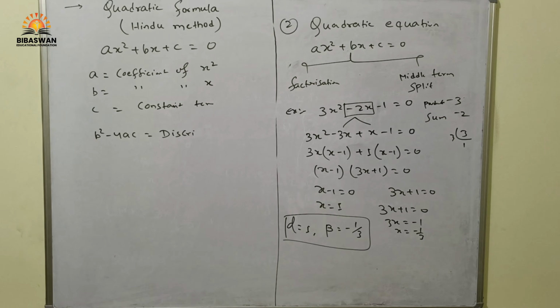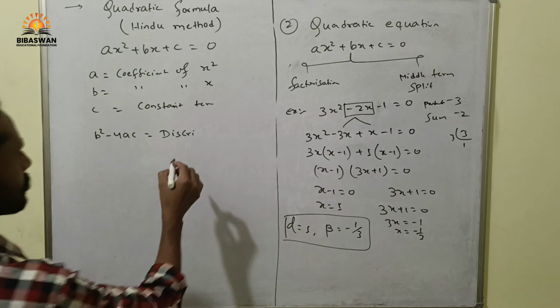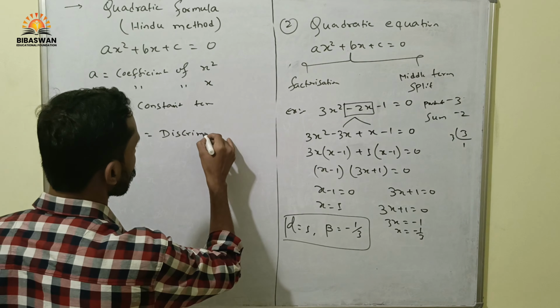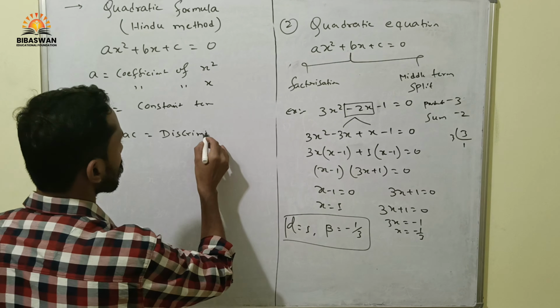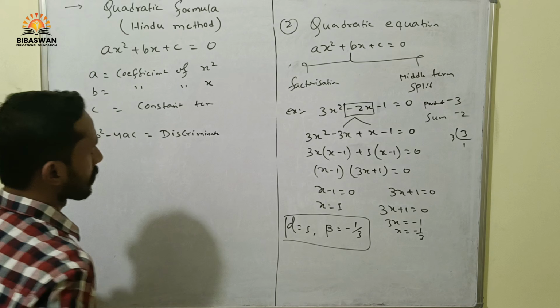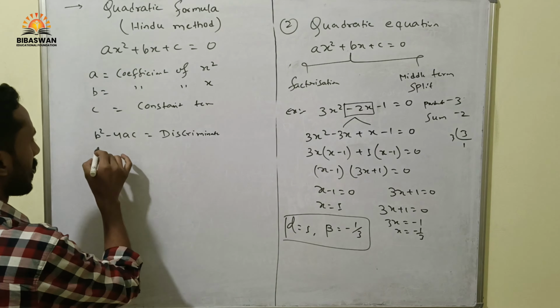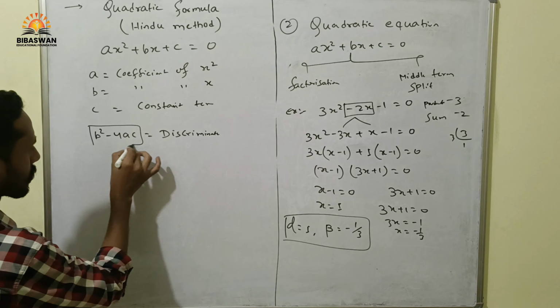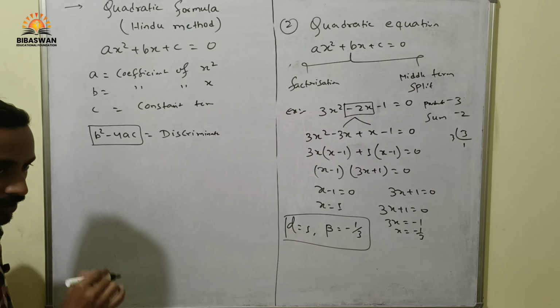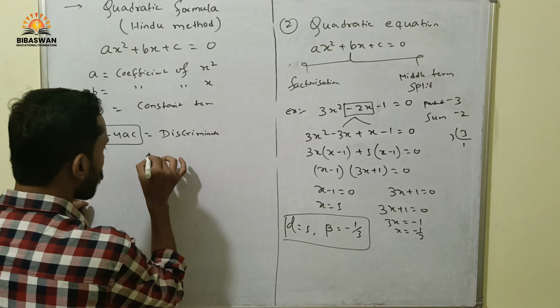Let me check the spelling. Discriminant. Okay, this b square minus 4ac plays a very important role. Why?